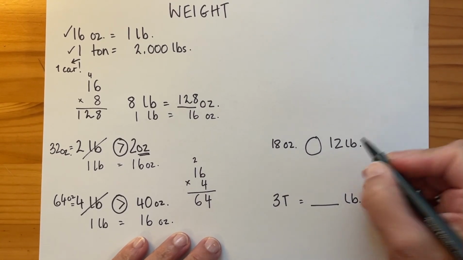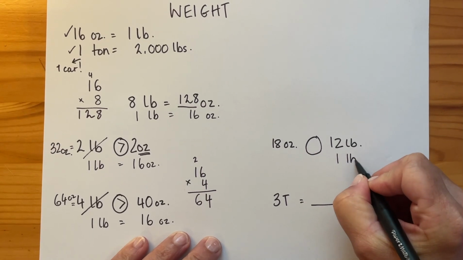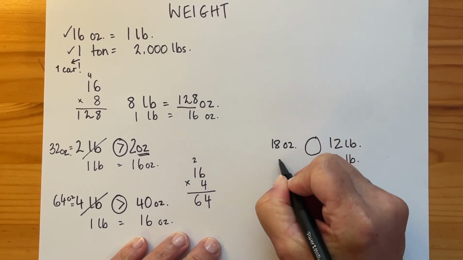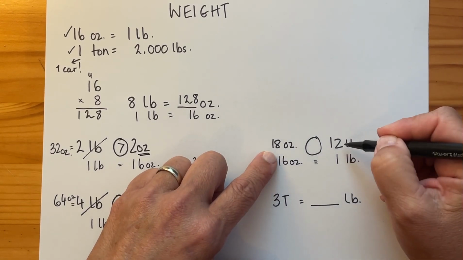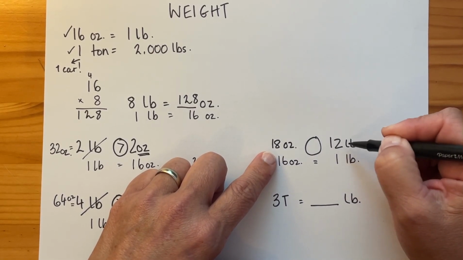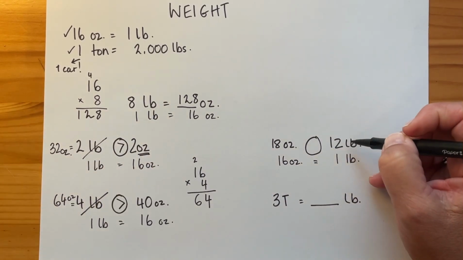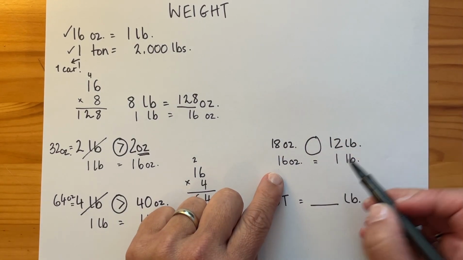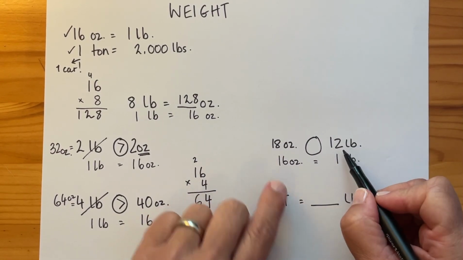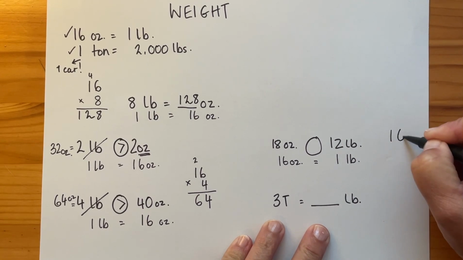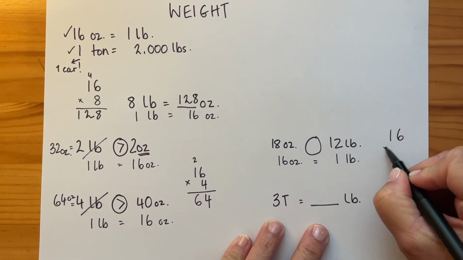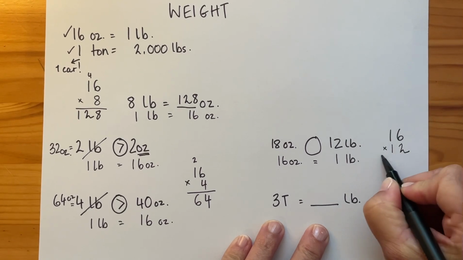Once again, what do I know? 1 pound is 16 ounces. I'm going to convert my pounds into ounces because I want to convert it to the smaller one. So I'm going to have to do 16 times 12 once again. Make Miss Lee happy. Do all your working out on the paper. 16 times 12.